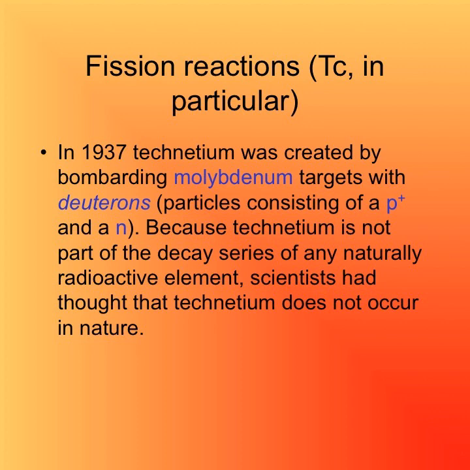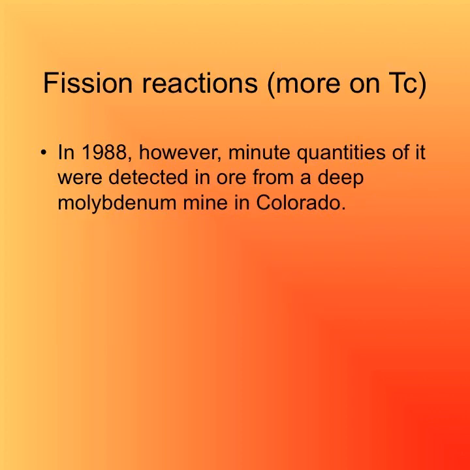And they made it. Well, lo and behold, in 1988, yes, 51 years later, someone discovered technetium naturally occurring in a molybdenum mine in Colorado. So we can no longer say that technetium is a synthetic element.